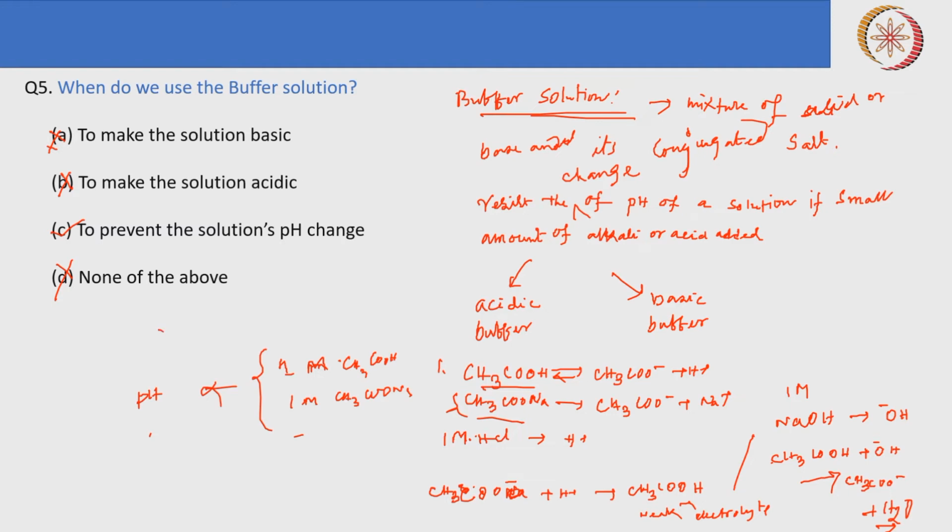As it is an acidic buffer, its pH will be less than pH 7, that is the neutral pH. For an acidic buffer, I think its pH is around 5.8 or something.